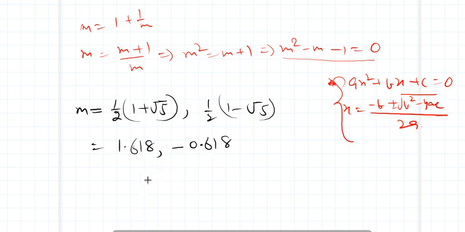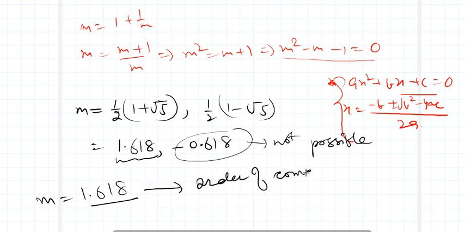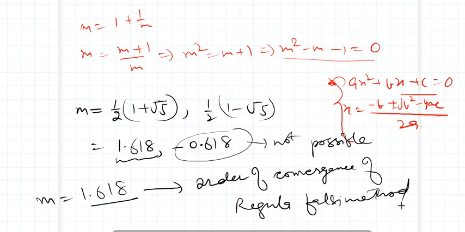Simple. But negative value is not allowed. So what is the order of convergence? The actual value is 1.618. So this is the order of convergence of the Regula-Falsi method.